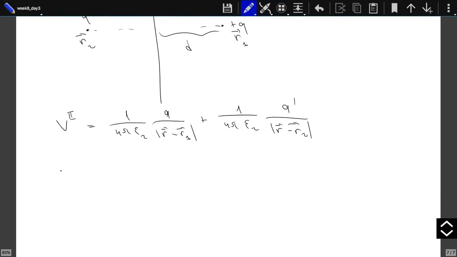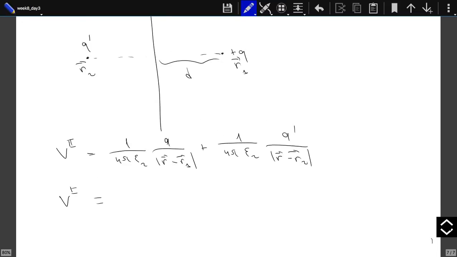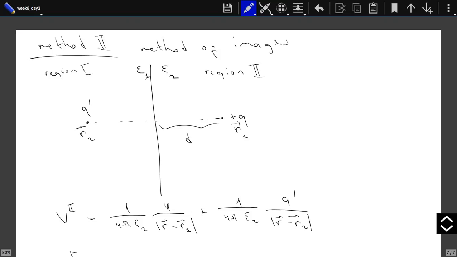Now let's look at V1. Well, you are an observer. On the left-hand side, what you will see is these surface charges over here, which will behave as if there is a point Q prime charge on the other side at the distance d.